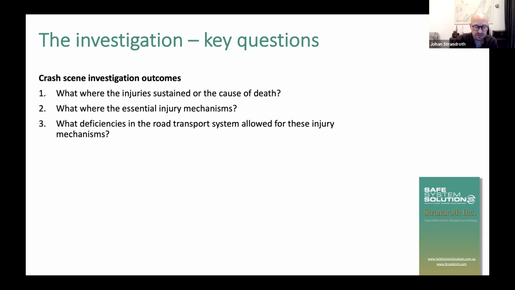And then with deficiencies, we're pretty much talking about what the gaps in the system are, what the inherent risks are that allow for these injuries to happen. And again, we're not necessarily talking about what actually caused the crash to happen, even though that could, of course, be part of the picture, and we need to understand that. But normally we want to understand what allowed for these deadly crash forces.